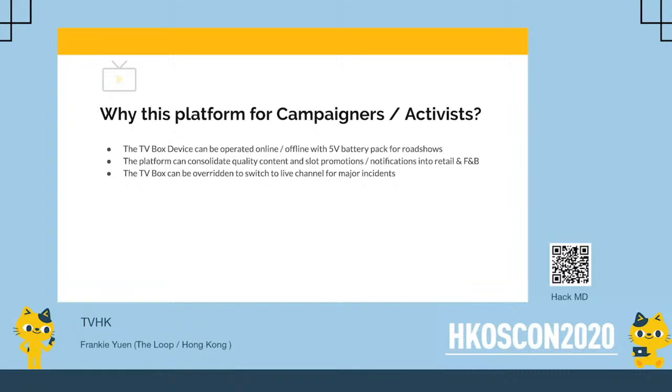So I think we can use this TV box and build a completely battery-operated, basically mobilized TV. As long as you have internet connected, or you can even show particular videos offline. So it's quite cool for setting up a booth on the street to show different videos.